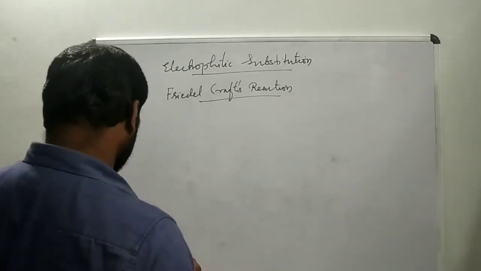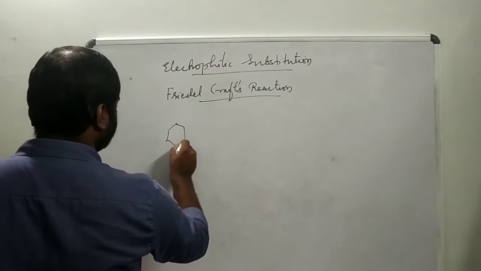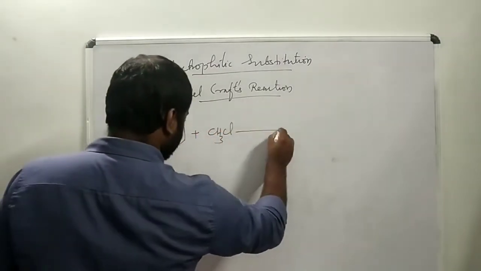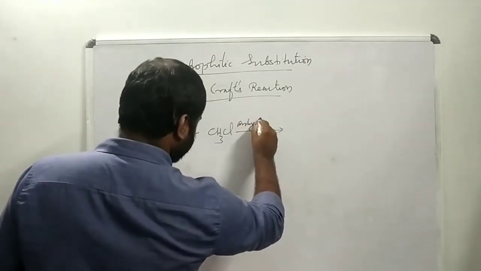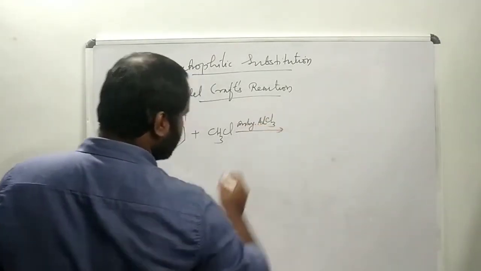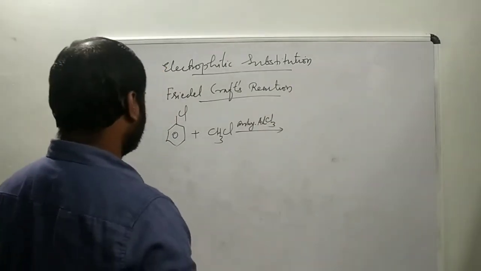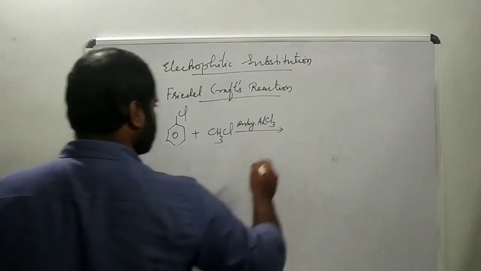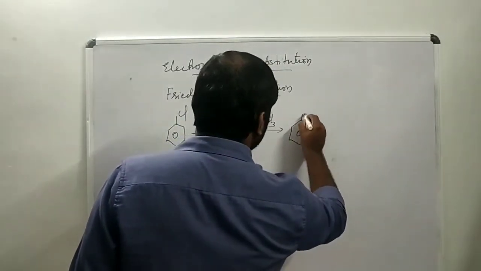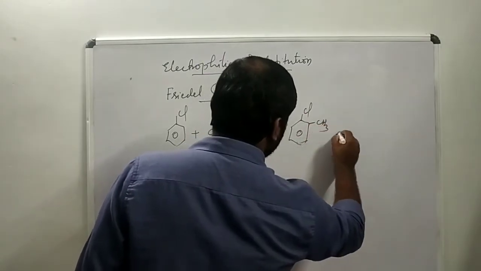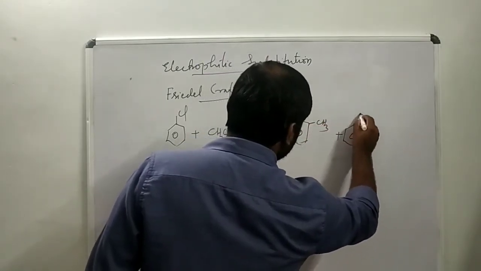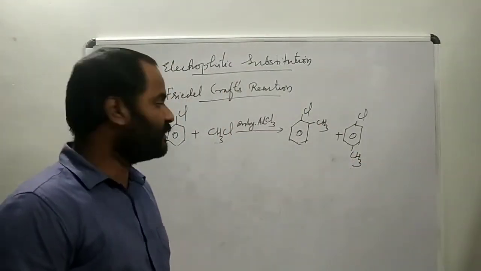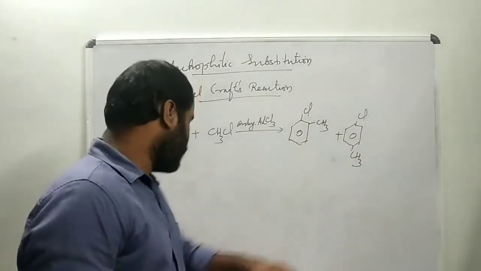When chlorobenzene reacts with CH3Cl in presence of anhydrous AlCl3, you are getting ortho and para substituted compounds. At the ortho position you are getting a CH3, and at the para position you are also getting a CH3. That means ortho-chlorotoluene and para-chlorotoluene.